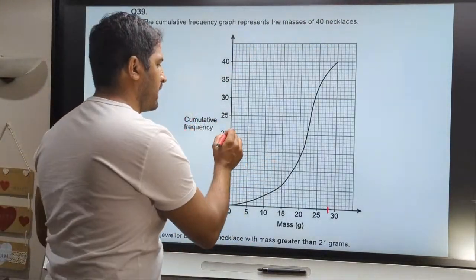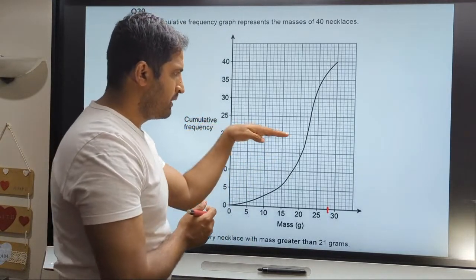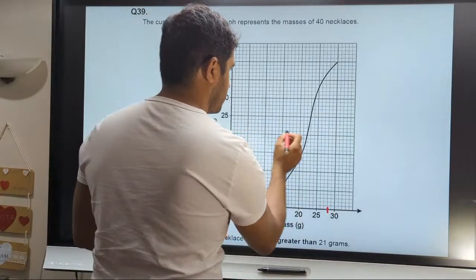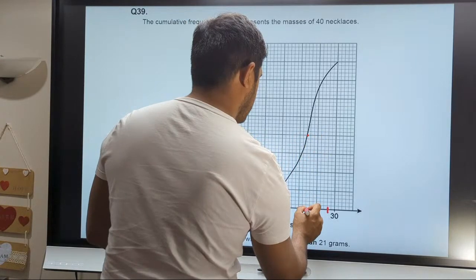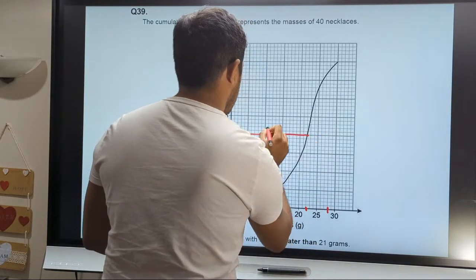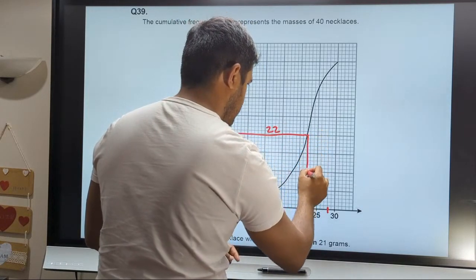So for the median value, you're looking at the 20th necklace. What's the value of the median? The 20th necklace would have weighed 22 grams or something along those lines. So I go to that point and draw the line, and that will take you to 22. So the median value there is 22. Okay, I read that off.